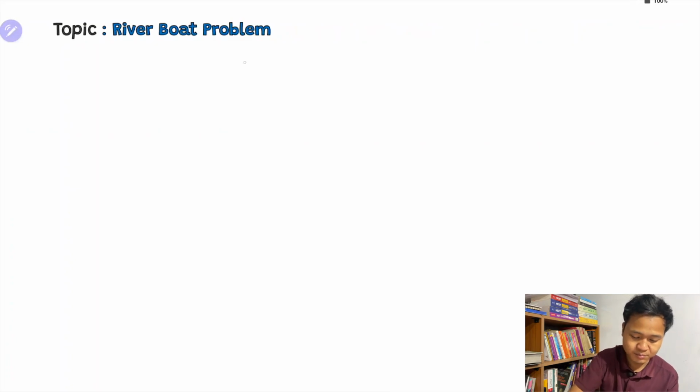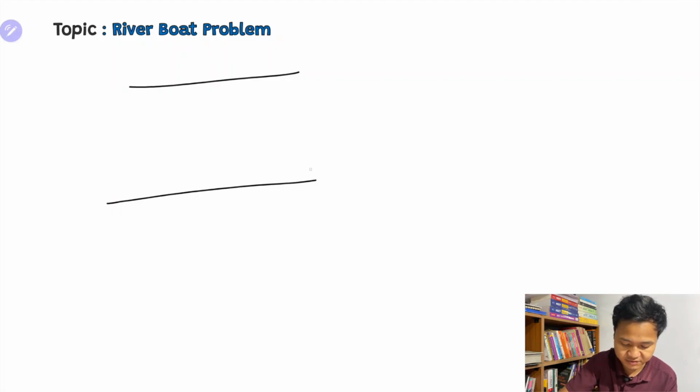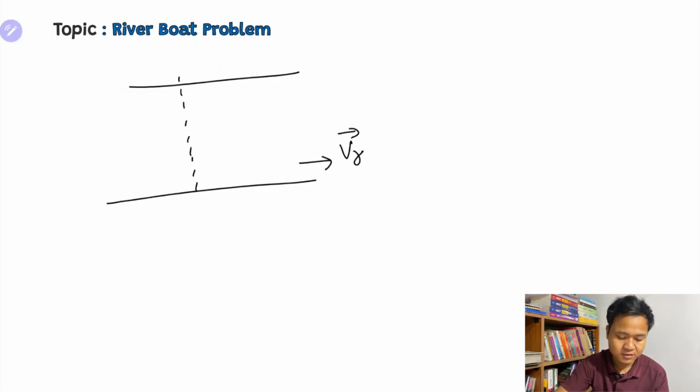Let's see some important relations. Suppose I have a river, and this is the velocity of river. Let's do it in general. Let's say the boat is trying to go along this side.